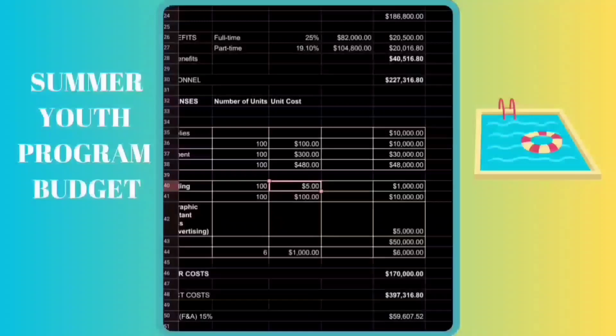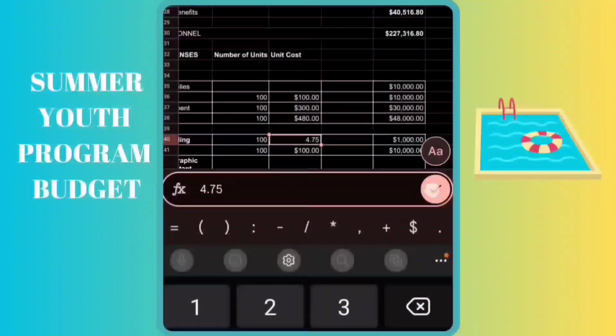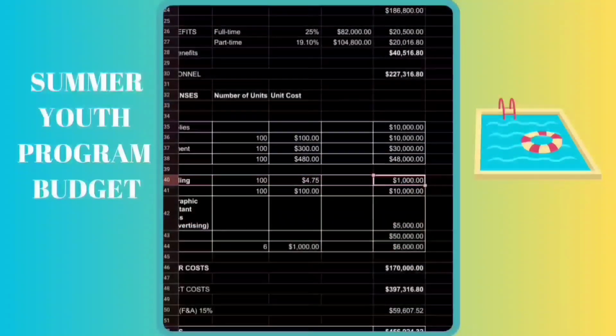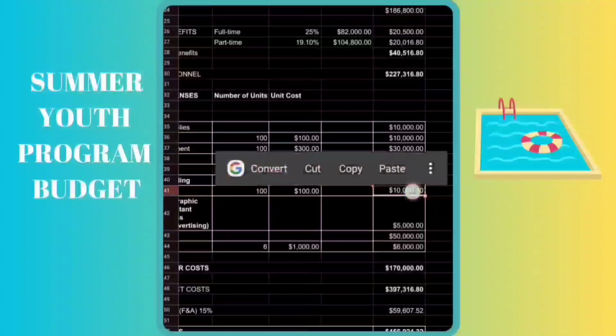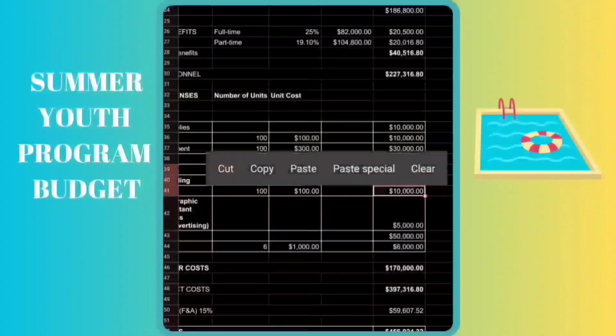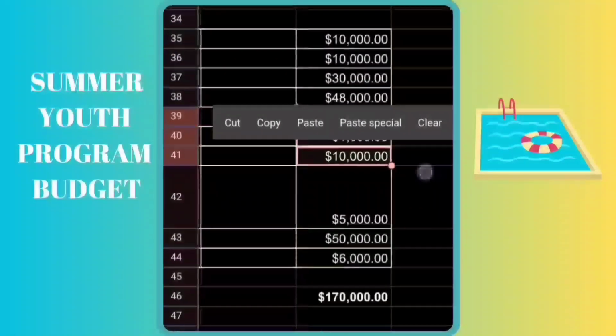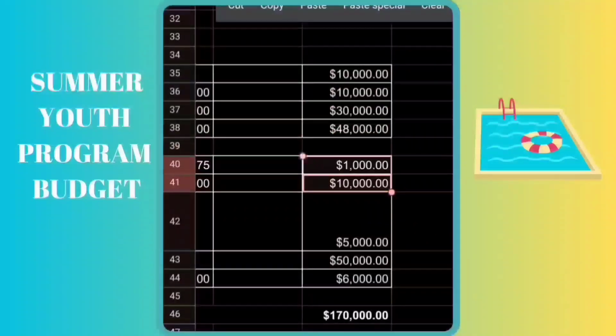Where do we edit this by $70? Well, we're looking at the shipping costs.